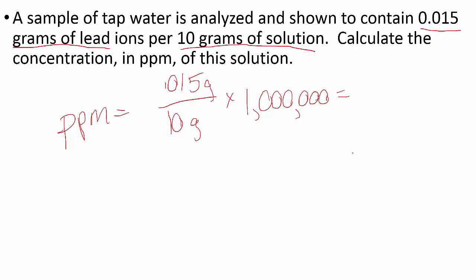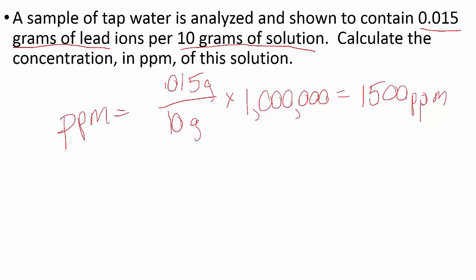So we plug and chug, and we get 1,500 parts per million.